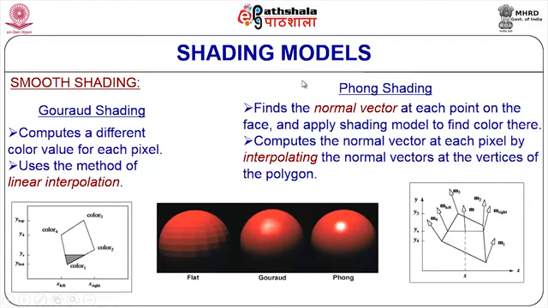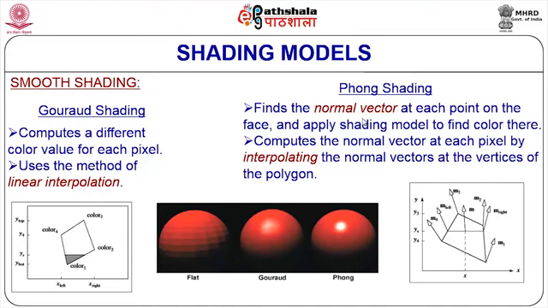In Gouraud shading, assuming the vertices of a polygonal face are given various colors, we interpolate the in-between colors between two known vertex colors. While in Phong shading, unlike Gouraud shading, the normal vectors are interpolated.